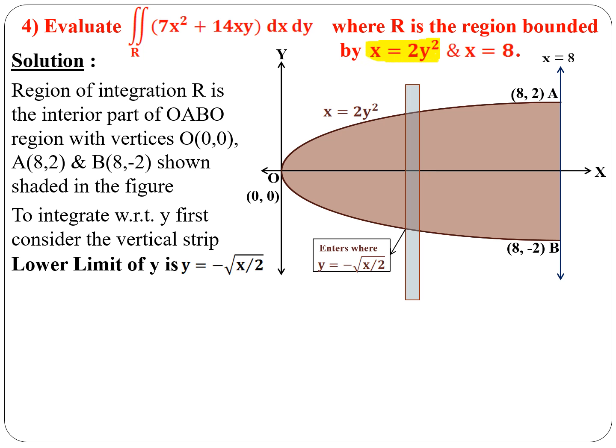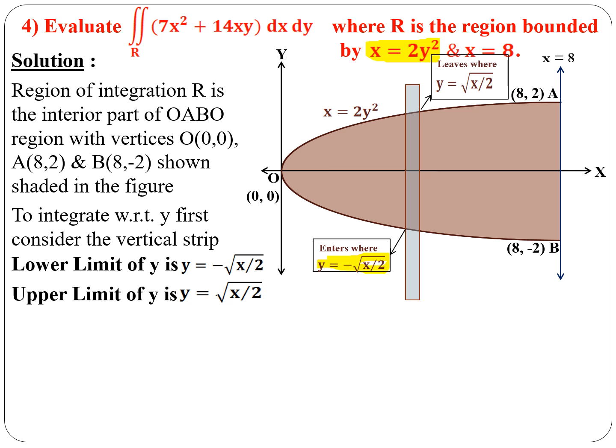Obviously the negative part of the parabola is y = -√(x/2), and the upper part is y = +√(x/2). Now I check from where it is leaving the region. It is leaving the region from the positive side of the parabola, that is y = √(x/2). So this is your upper limit of y, and the lower limit is the negative side of the parabola.